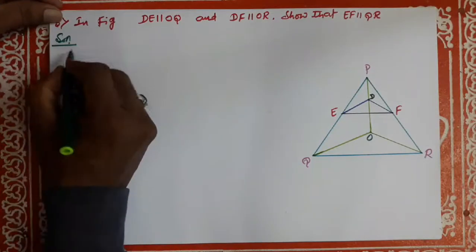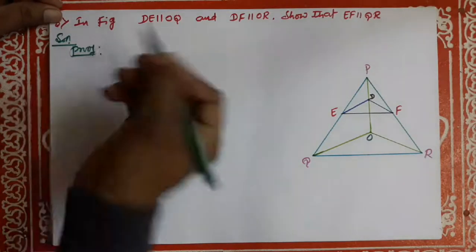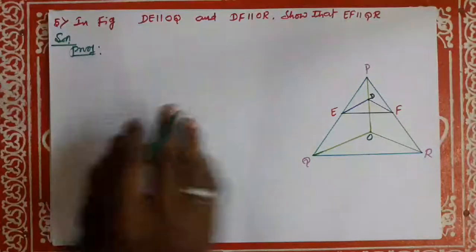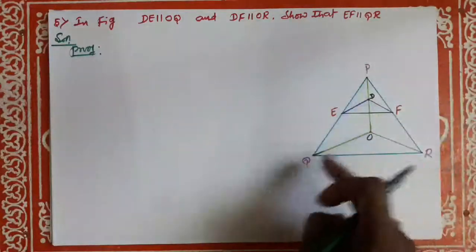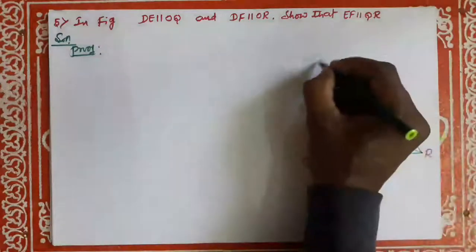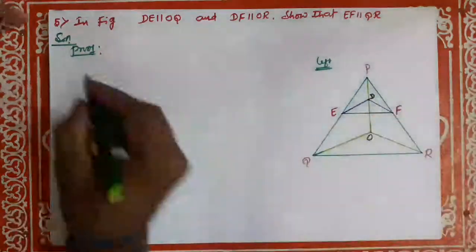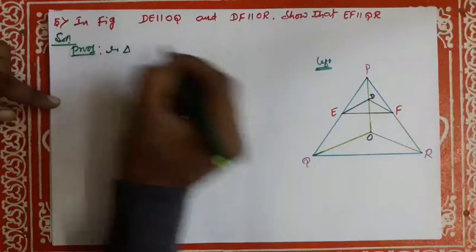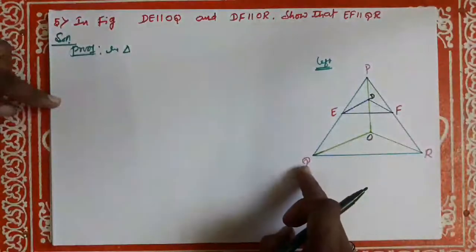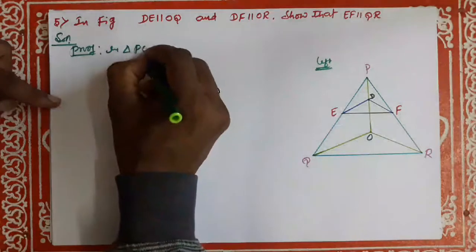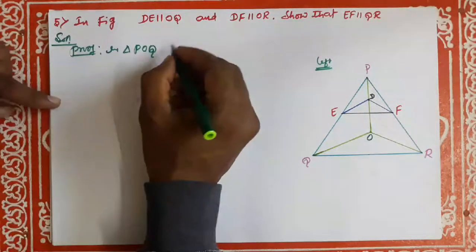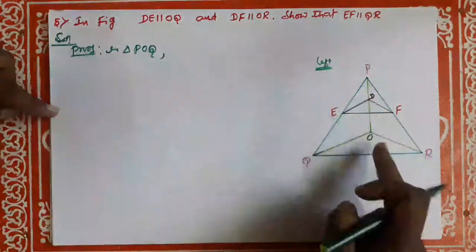Solution or proof. In triangle POQ, look at the left side portion. In triangle POQ, DE is parallel to OQ.